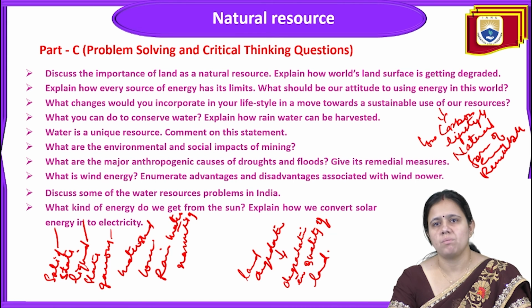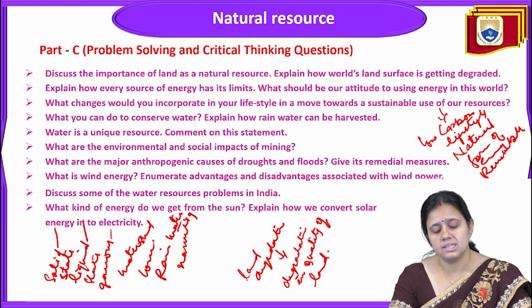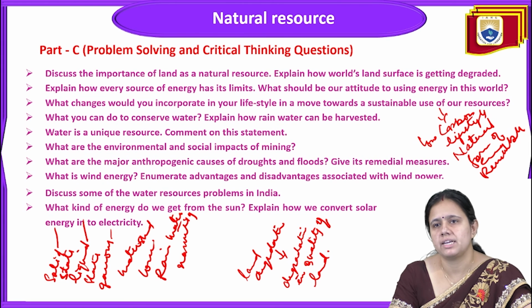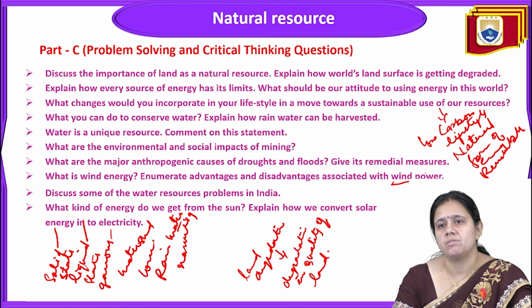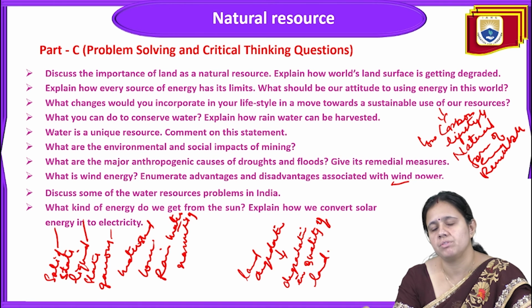Next is again the environmental and social impact of mining. Here you have to discuss the pollution related to mining and the social impacts, like land subsidence and migration of people, and what are the major anthropogenic causes of droughts and floods. What is wind energy? Enumerate the advantages and disadvantages associated with wind energy. Wind energy is the conversion of the kinetic energy of wind into electricity.